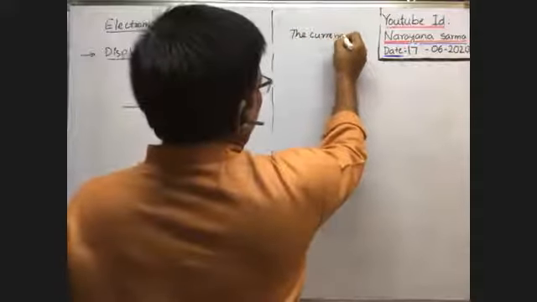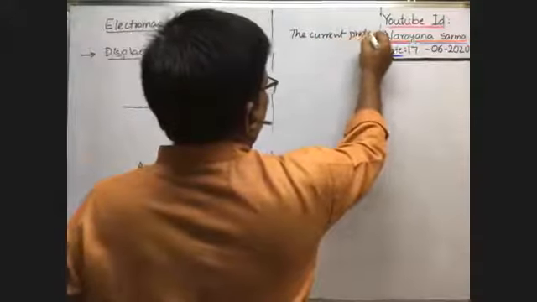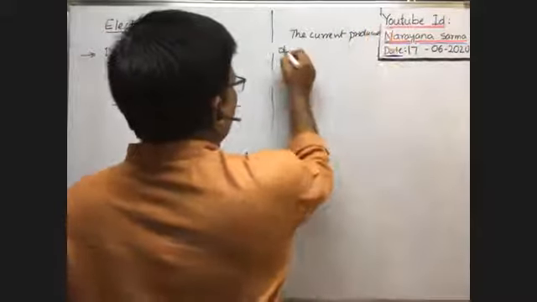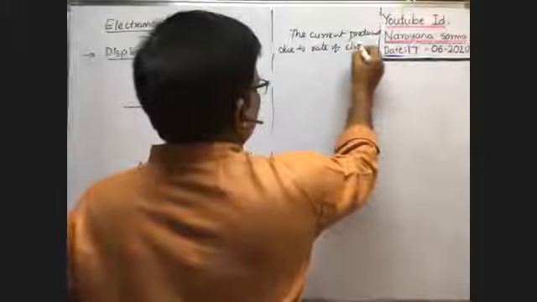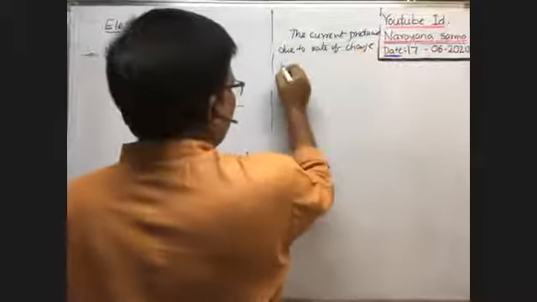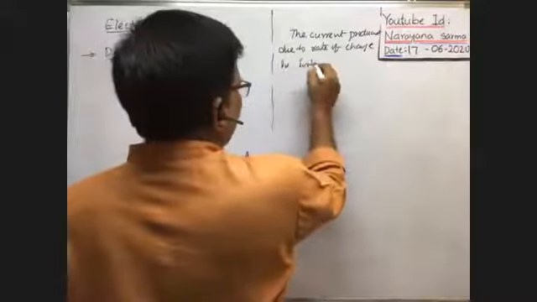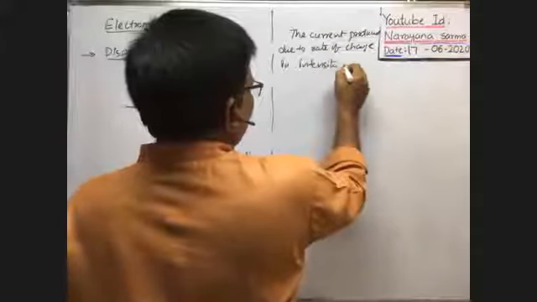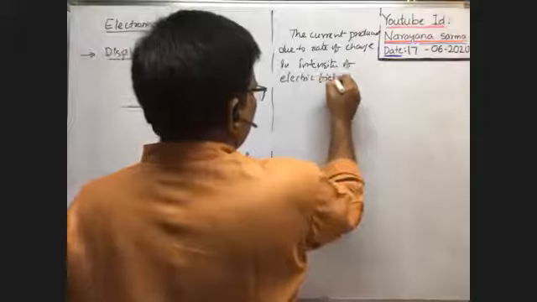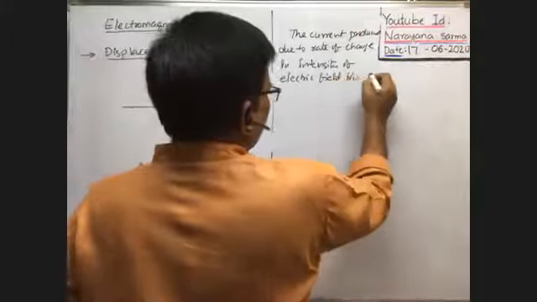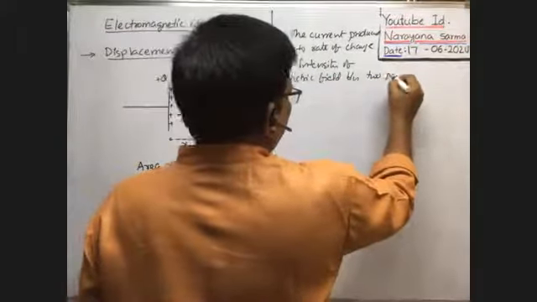Therefore, we can define the displacement current as the current produced due to the rate of change in intensity of electric field between two parallel plates.